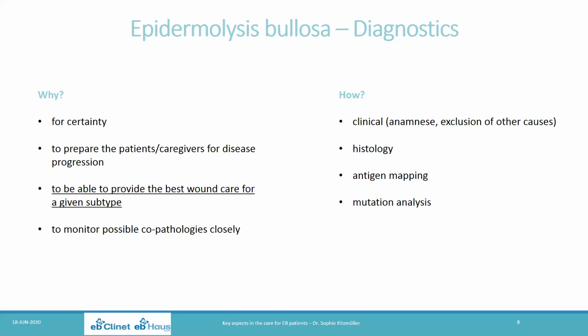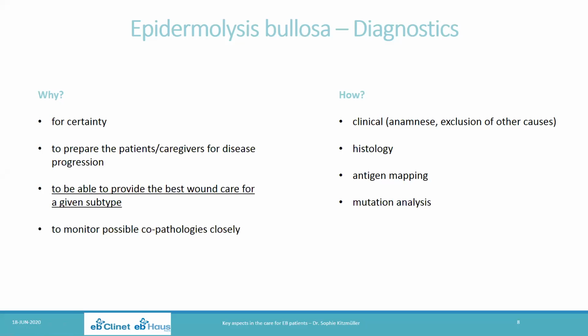And because a lot of them are foreseeable and need to be detected early, you have to monitor possible co-pathologies closely. And also for this, you need to know which type of epidermolysis bullosa you're dealing with, to know what to look for.